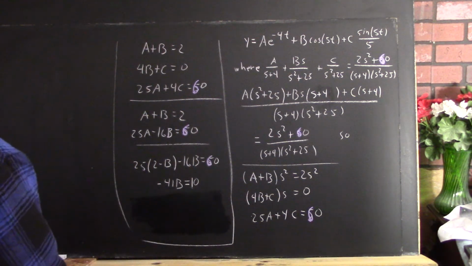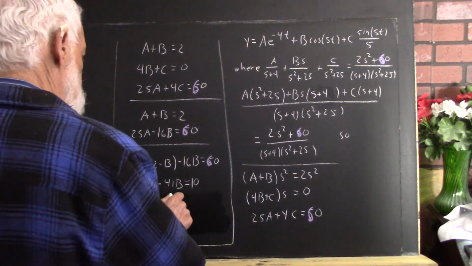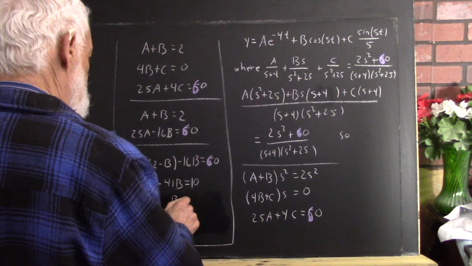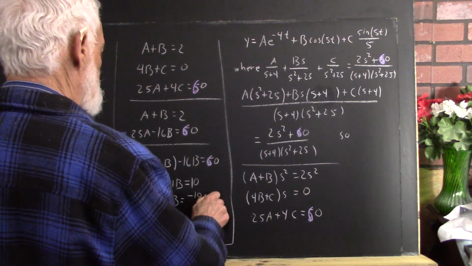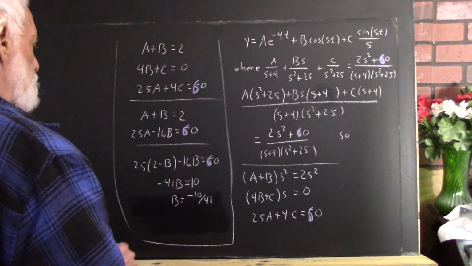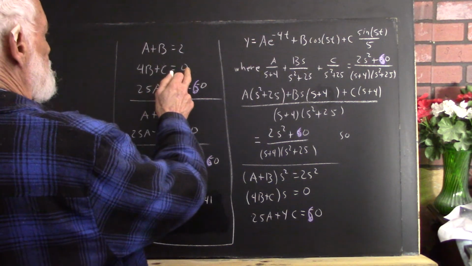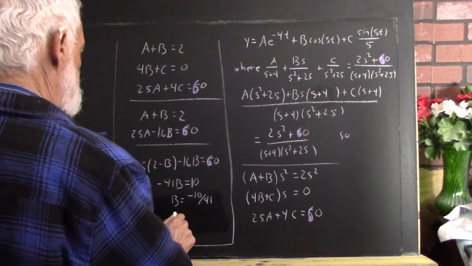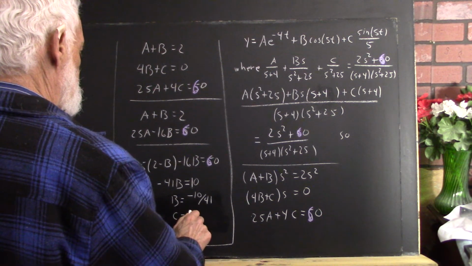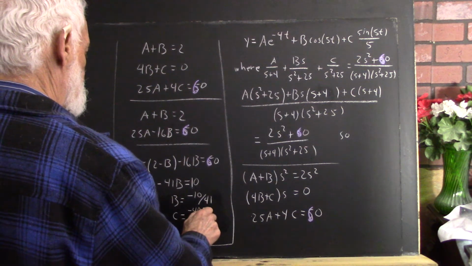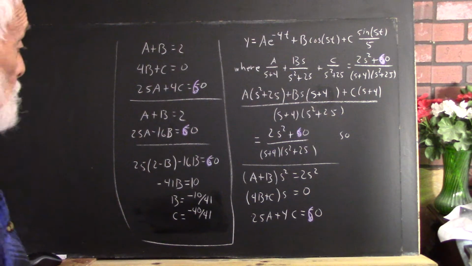41 over 60 is kind of a weird fraction. It doesn't make me totally comfortable, but it isn't that surprising. So we have b equals negative 10 over 41. And then c equals negative 4b, that would be negative 40 over 41.